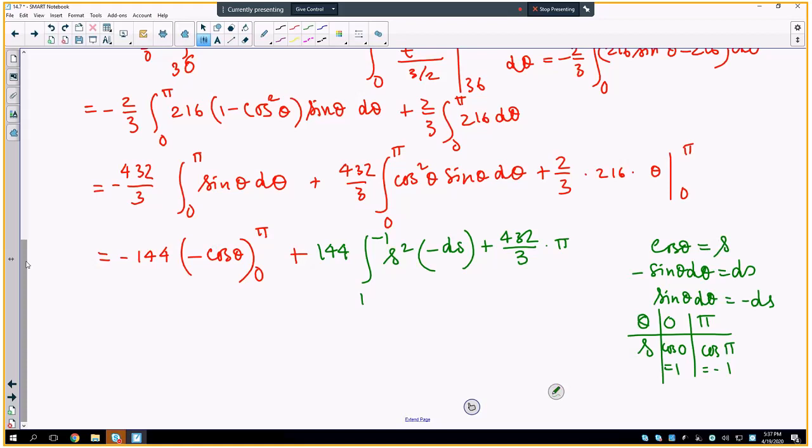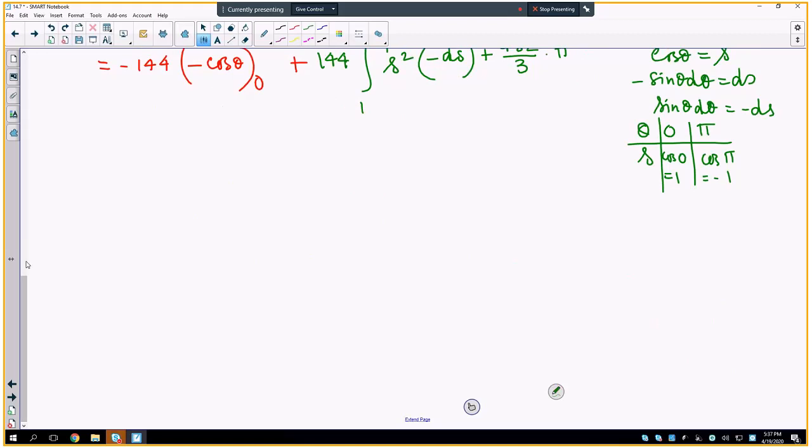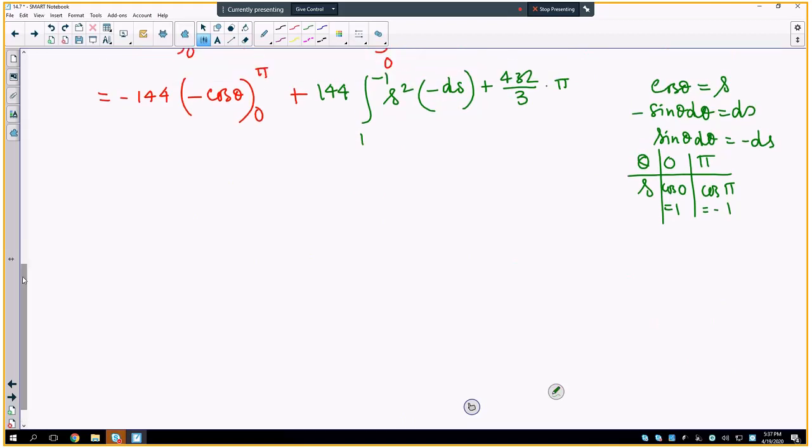And we're going to complete the rest of the antiderivative. So now we are going to get negative 144 times, this negative will come out, make it a positive. Cosine of pi is negative 1, cosine of 0 is 1.